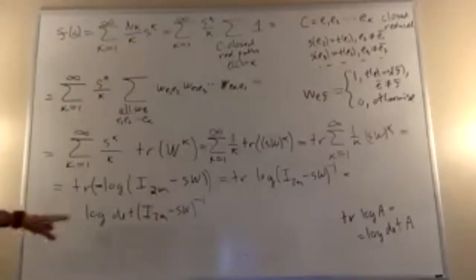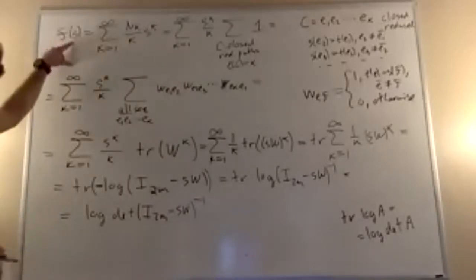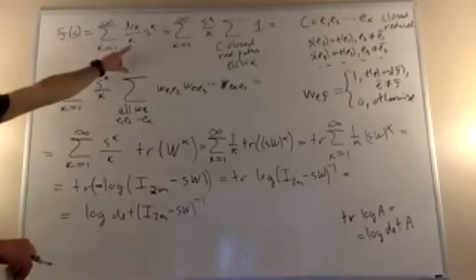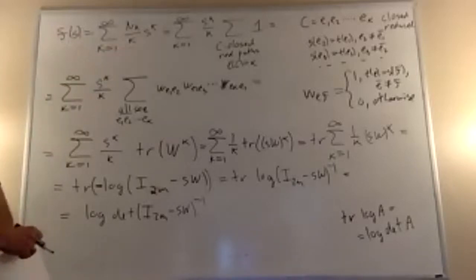And so at long last, I have a very explicit formula for my function f_s, which counts closed paths of length k. All right. I want to erase most of this, but not everything, so let me move it up here.